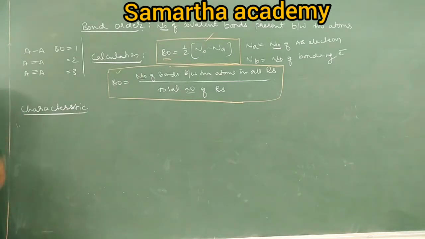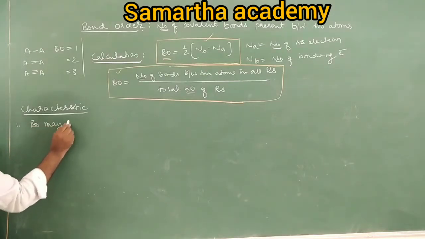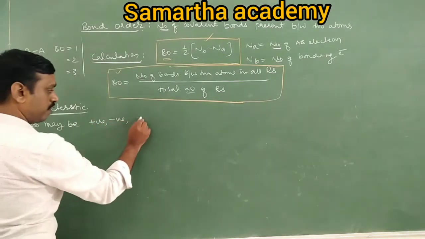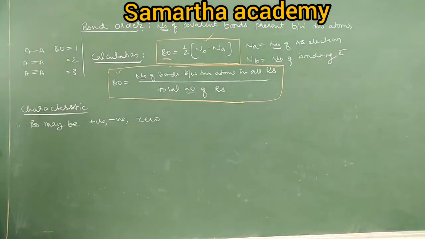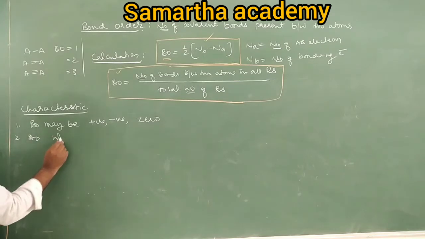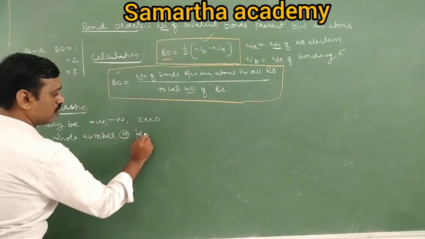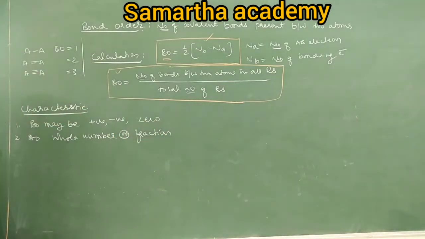First characteristic: bond order may be negative, it may be positive, it may even be zero. Next, second: bond order may be a whole number or it may be a fraction also.